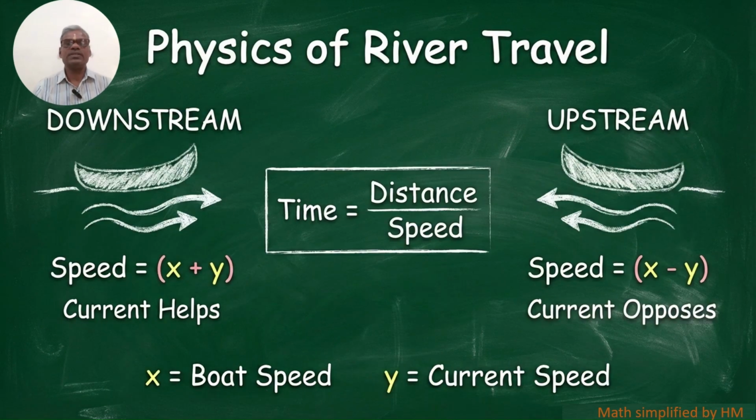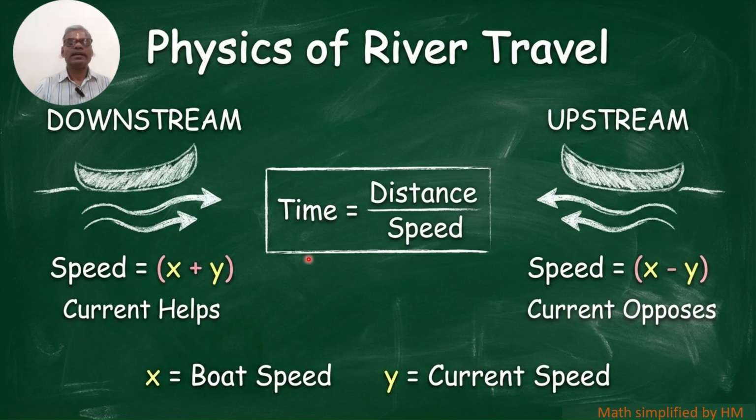First, let us understand the physics of river travel. While we are moving downstream, the water current helps or increases our speed, so the speed becomes x plus y. While moving upstream, the river stream opposes our speed and our speed becomes x minus y.